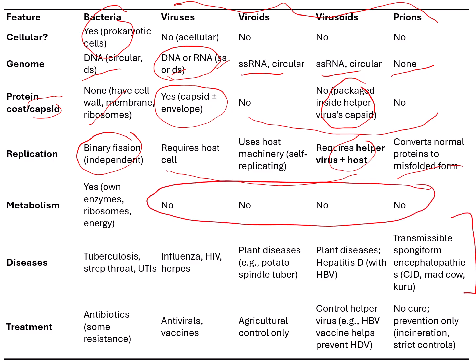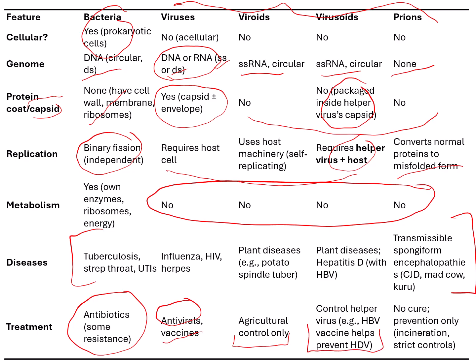We talked about a variety of diseases that can occur. And for treatment, we can take antibiotics if the bacterium is not resistant. For viruses, we have some antiviral treatments, but we can also have vaccines for preventative care. For viroids, this is really through agricultural control, such as preventing the spread of contaminated seeds.